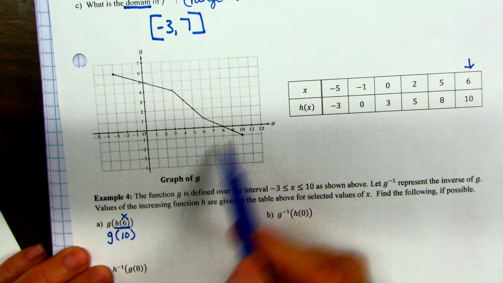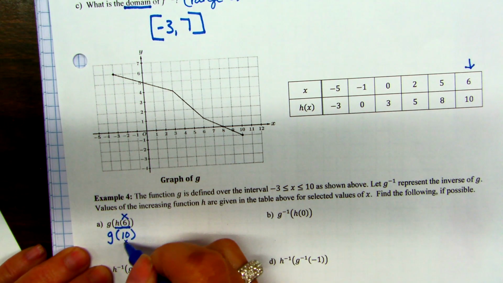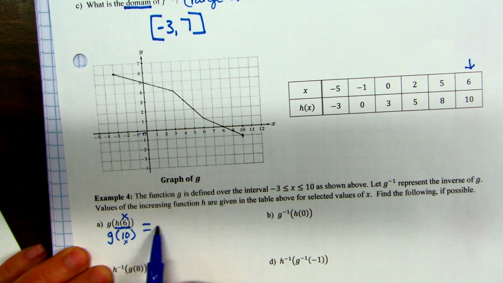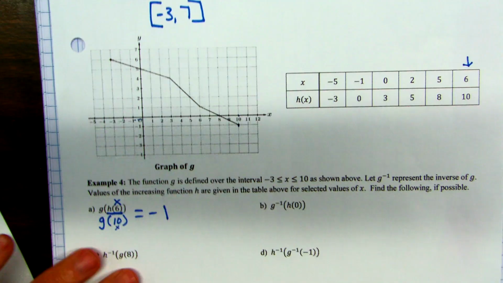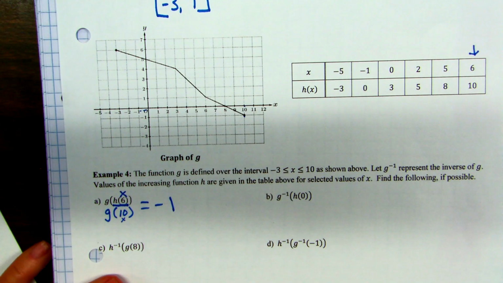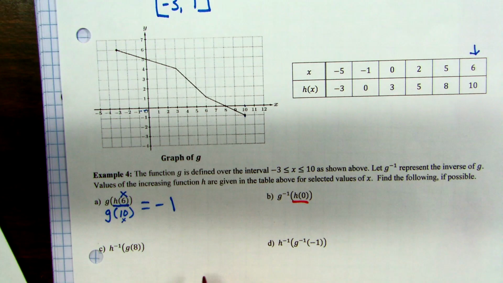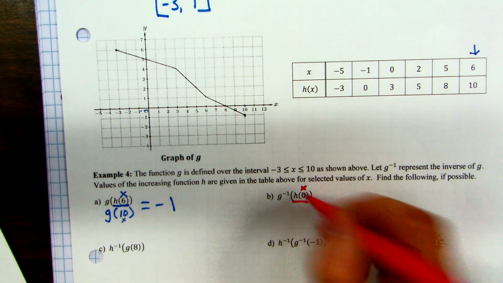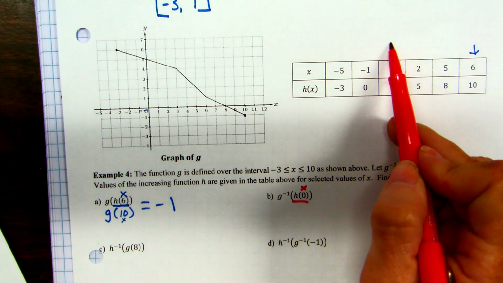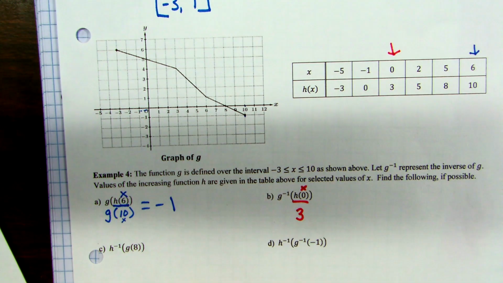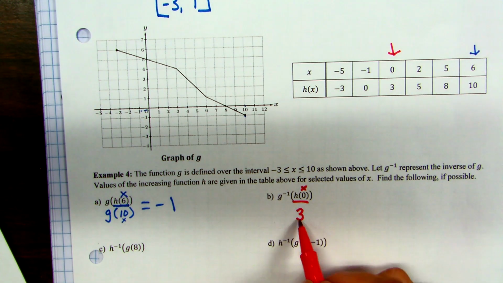Just go to the g function. That means this is x again. So when x is 10, y is -1. Hopefully you guys are writing this down. Some of you don't look like you are. h of 0. No weird notation. That's x. Go to h. x is 0, y is 3. Right? h of 0 is 3.